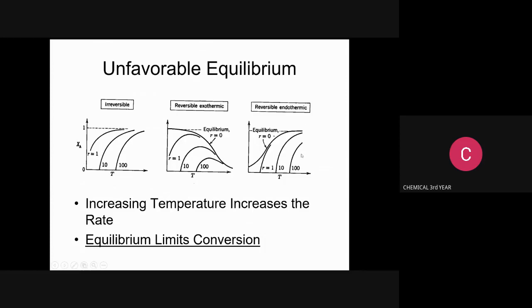Just listen to the slide and understand the graphical representation of irreversible and reversible endothermic and exothermic reactions. Simply, we can remember the things by understanding them. Increasing temperature automatically increases the rate. The next part is that equilibrium limits automatically control the conversions.